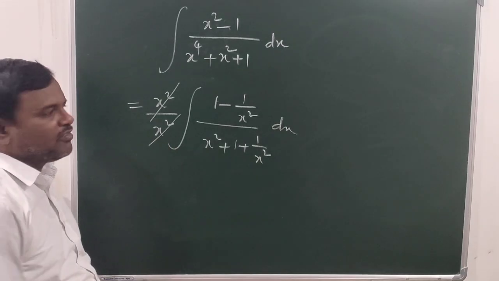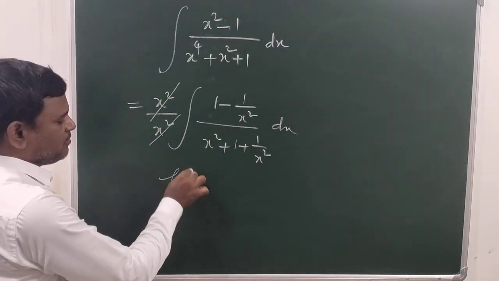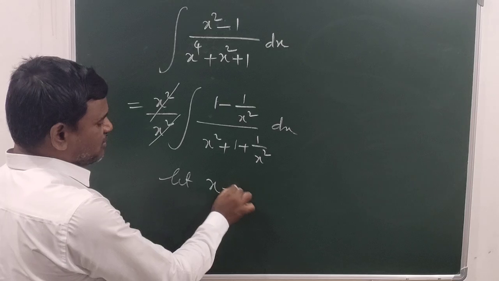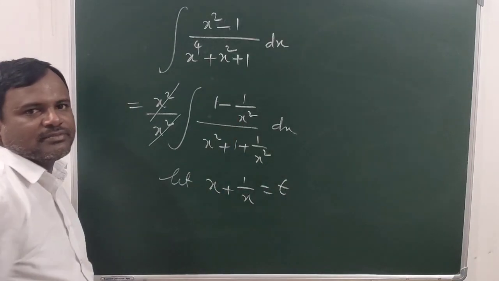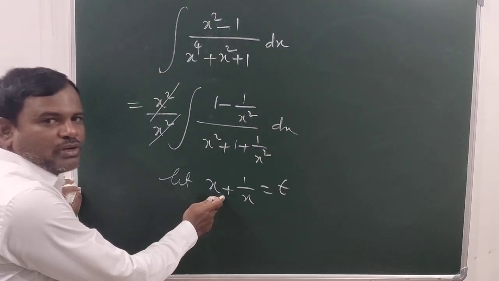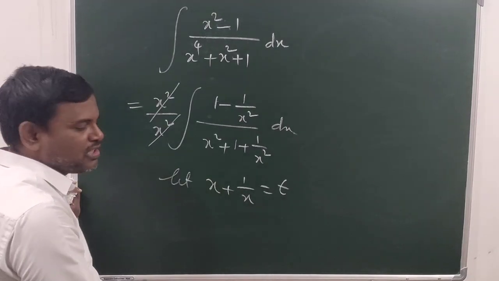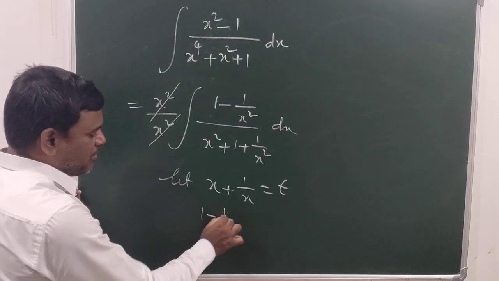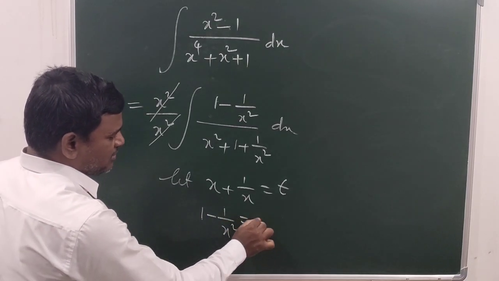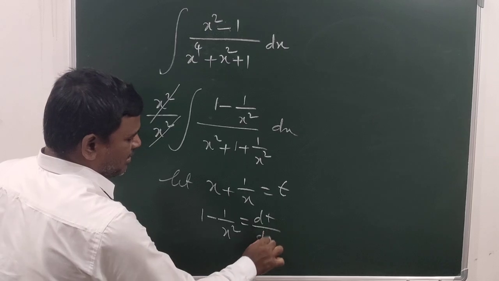Cancel. Here what is the substitution? x plus 1 by x, because here minus is given. So you would have to take x plus 1 by x as the substitution. Now do the derivative on both sides with respect to x: 1 minus 1 by x square is equal to dt by dx.